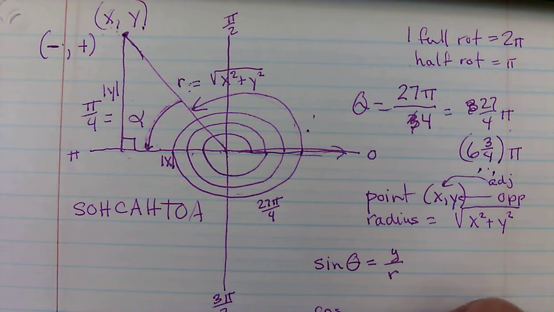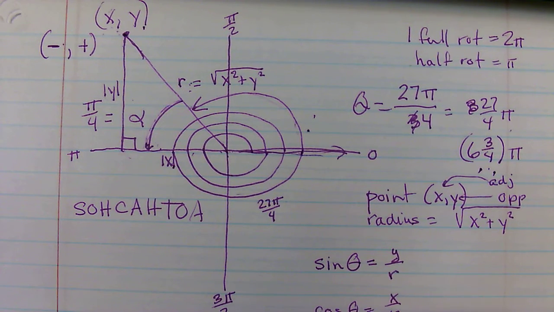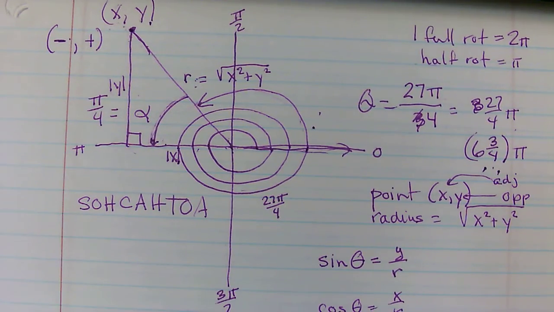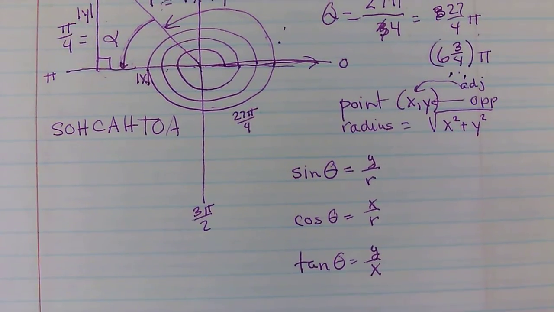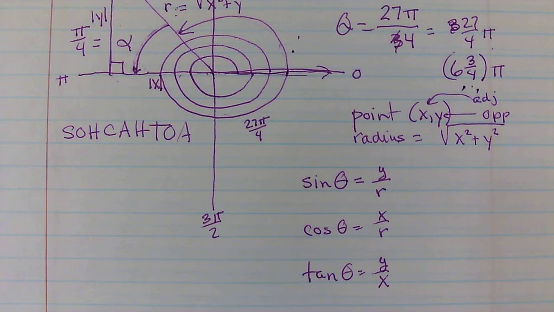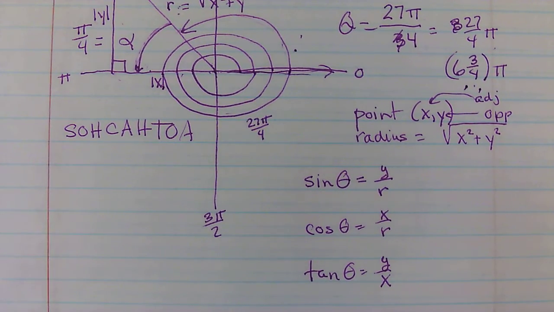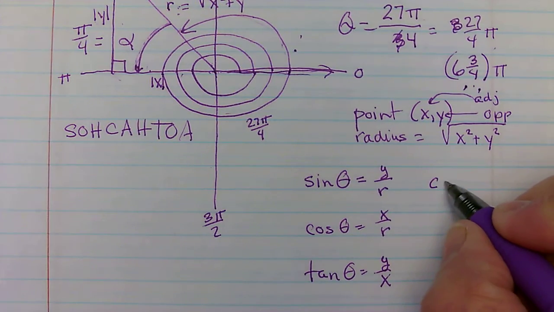The cosine of an angle is x over r, and the tangent of an angle is y over x. This is how we define the trigonometric ratios for angles that are not between 0 and 90, that are not within a right triangle. And then, of course, the reciprocal functions.